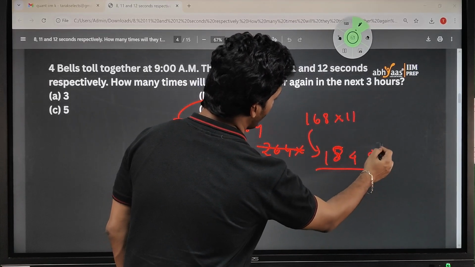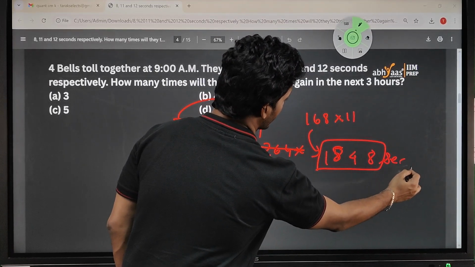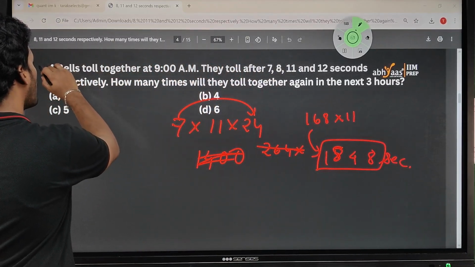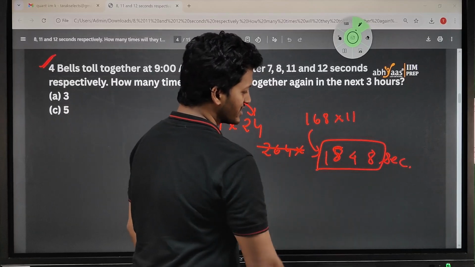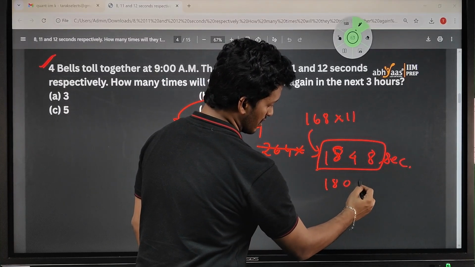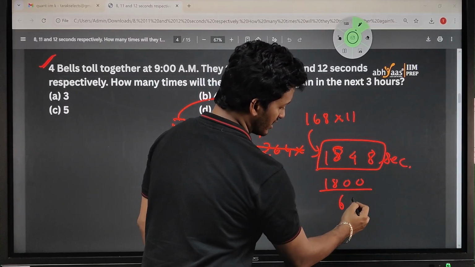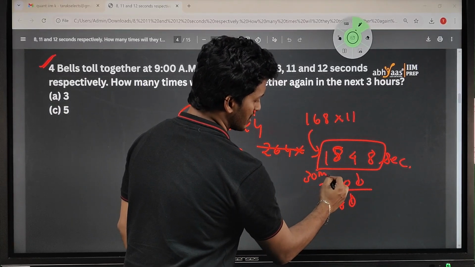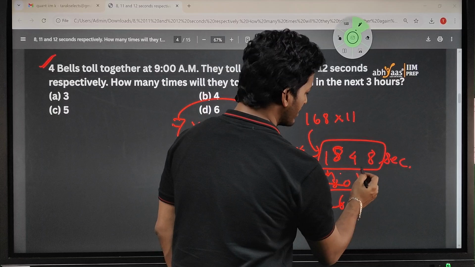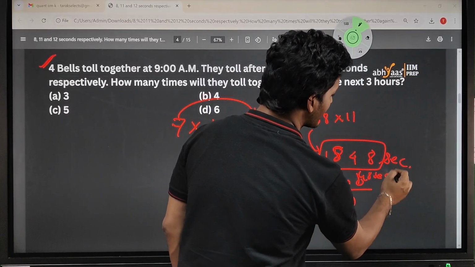So 1848 seconds. After every 1848 seconds, the 4 bells toll together. That means 1848 seconds is 1800 divided by 60, which is 30 minutes. Not exactly 30 minutes: 30 minutes 48 seconds will be the LCM.